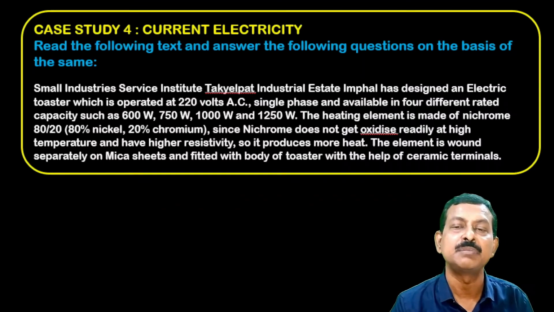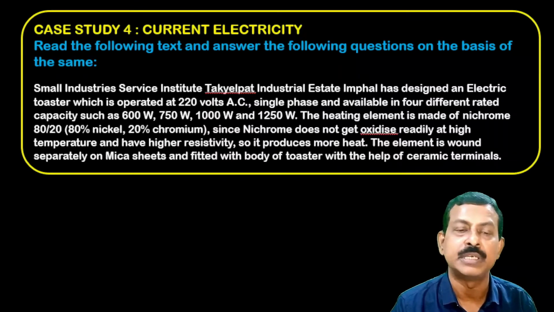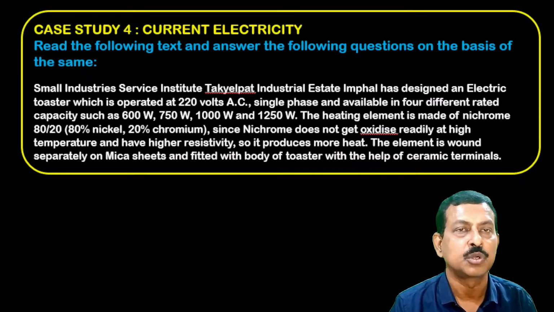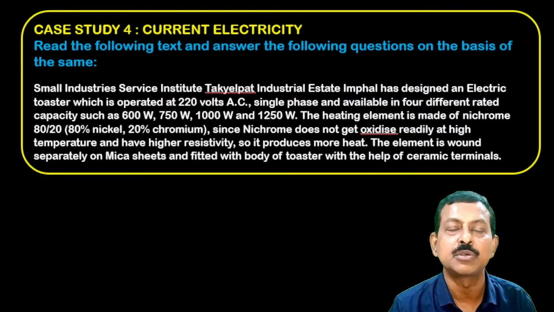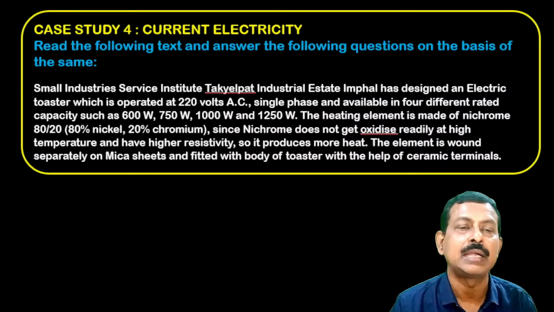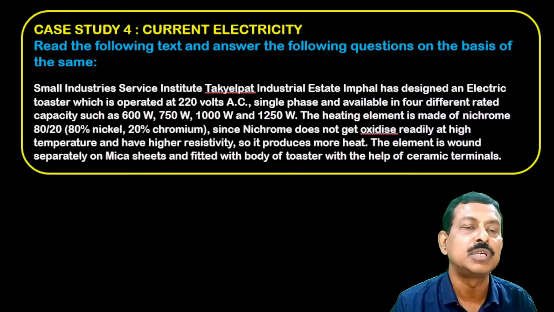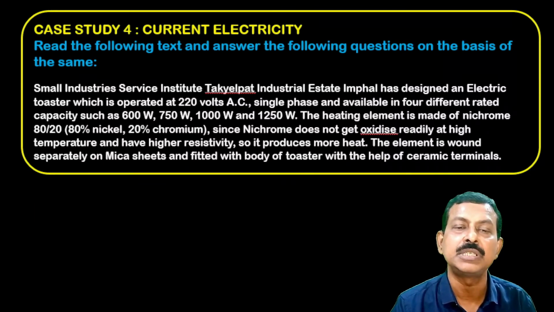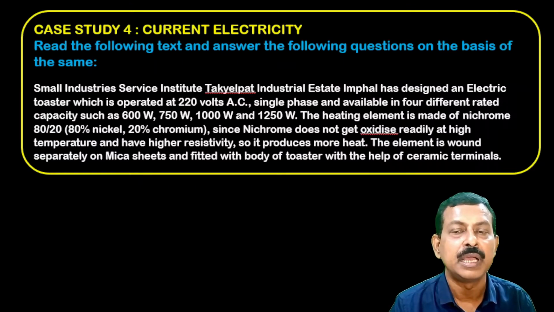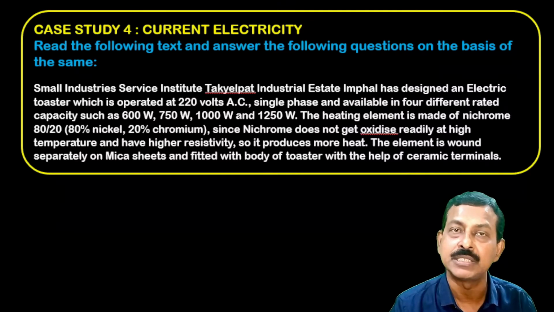The heating element is made of nichrome 80-20, 80% nickel and 20% chromium. Since nichrome does not get oxidized readily at high temperature and has a high resistivity, it produces more heat. The element is wound separately on a mica sheet and fitted with the body of the toaster with the help of ceramic terminals. So this is the passage given.